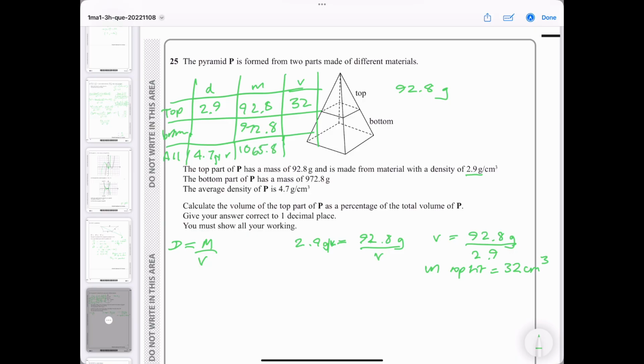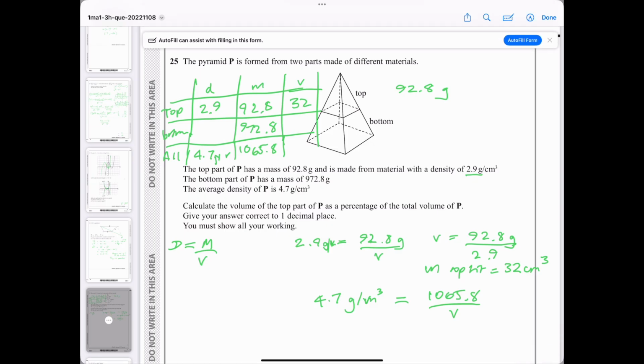That's 1065.8. So if we now know that 4.7 grams per volume, or whatever, centimetres cubed, equals, and in this case mass, so it's 1065.8 over volume.